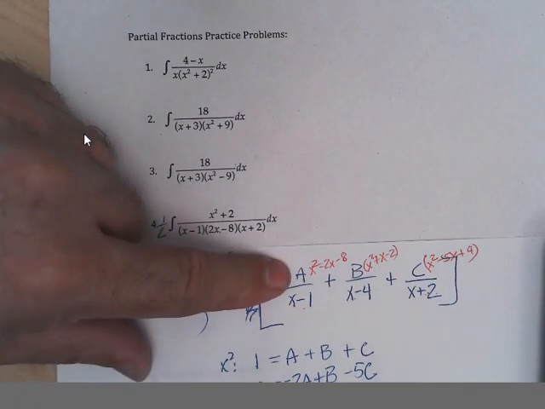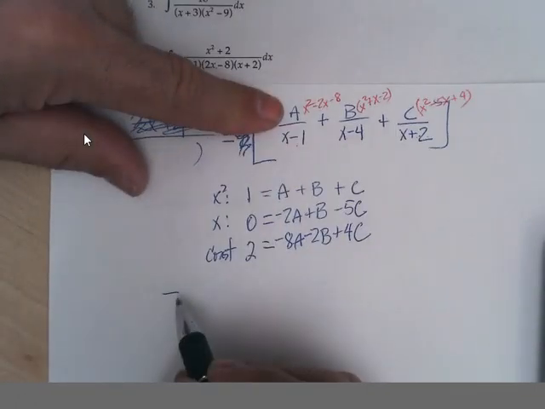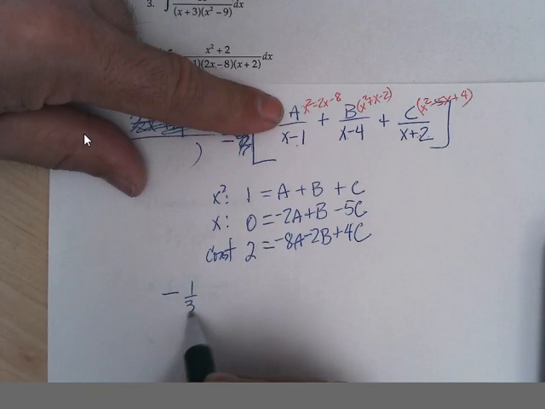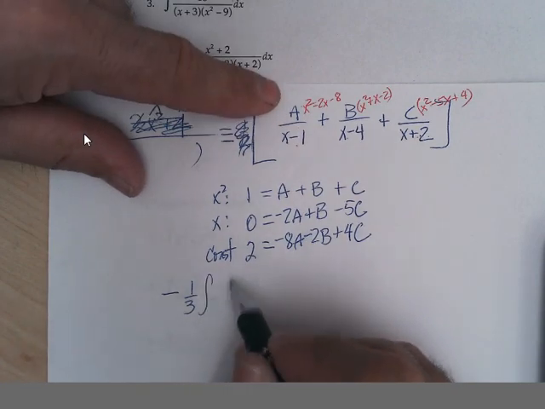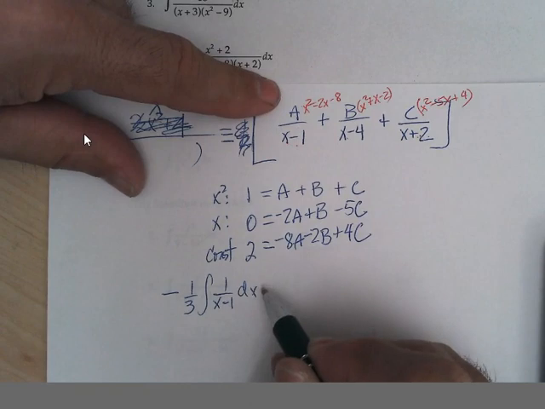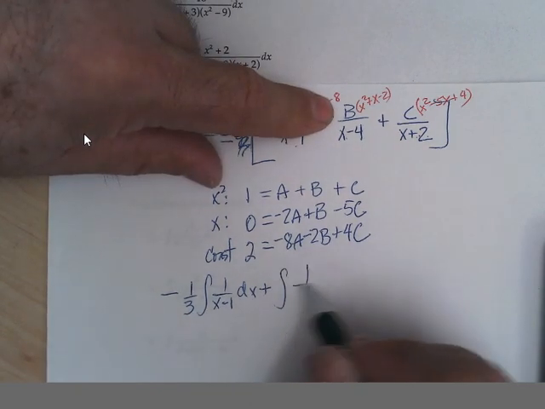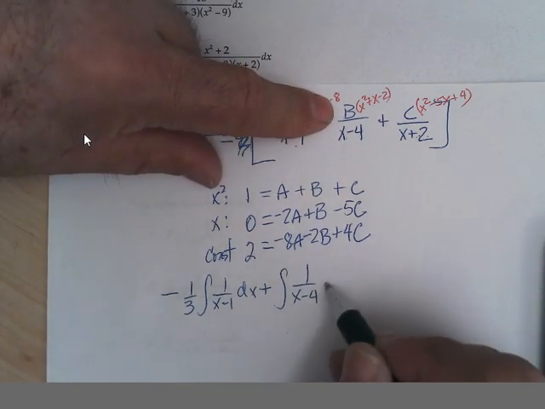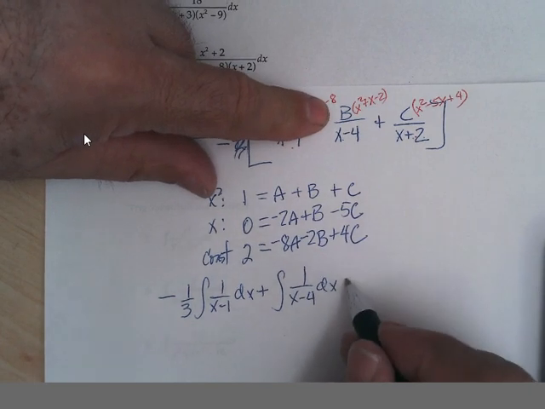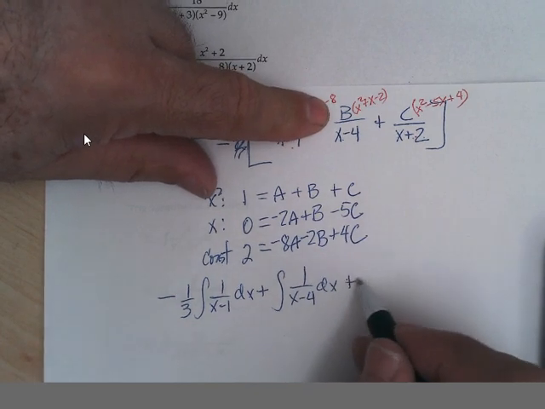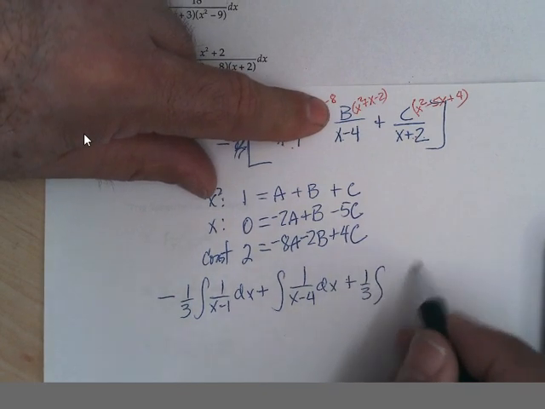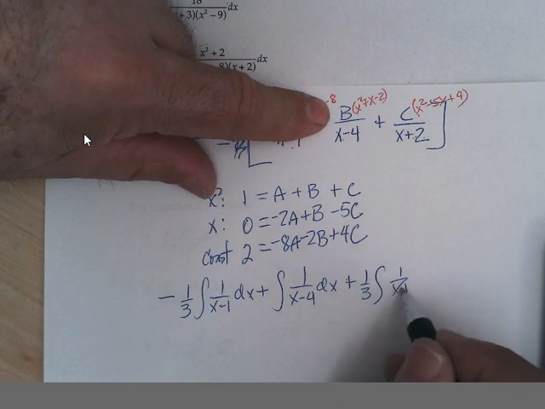So I got negative 1/3 integral of 1 over x minus 1, plus b was 1 over x minus 4, and c was 1/3 of 1 over x plus 2.